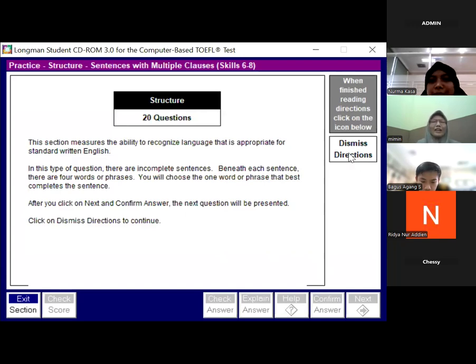Once I dismiss the directions, there is no timing here, so you don't need to worry. You can just take as much time as you want. I'm not going to check the answers. We are going to answer each question, go next and confirm, and we are going to find out later how many correct and how many incorrect we have, and discuss one by one.